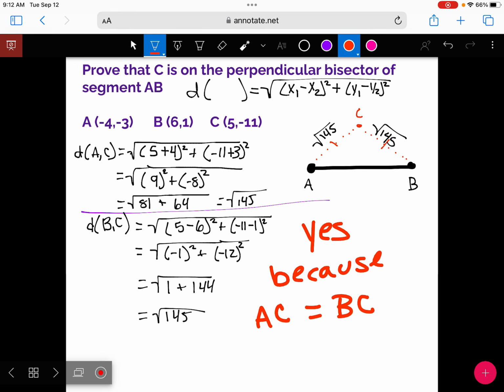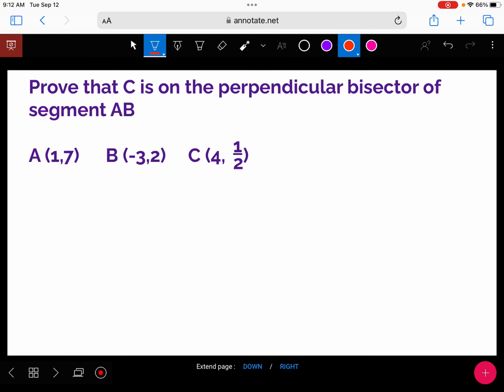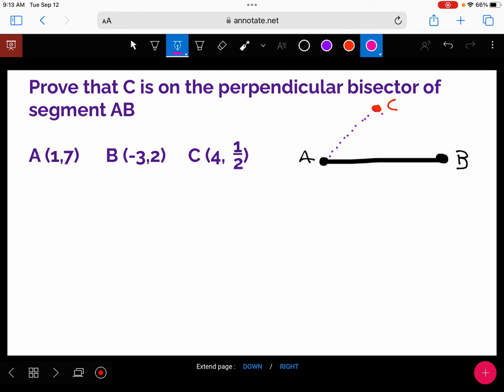I'm going to do the same thing again. We're going to prove C is on the perpendicular bisector of segment AB. Same thing. We've got A, we've got B, and we're trying to prove that C is on the perpendicular bisector. So we need to find the distance of AC and the distance of BC.